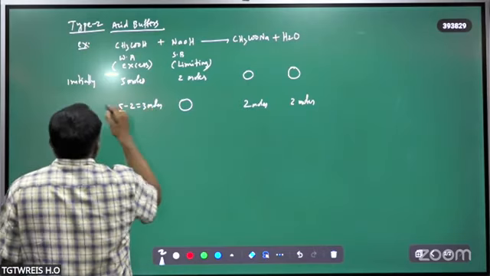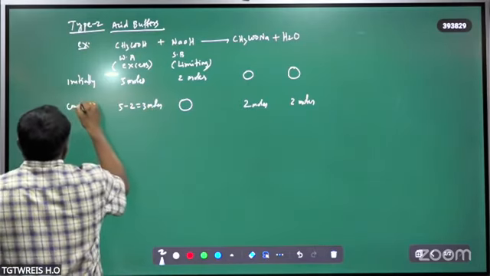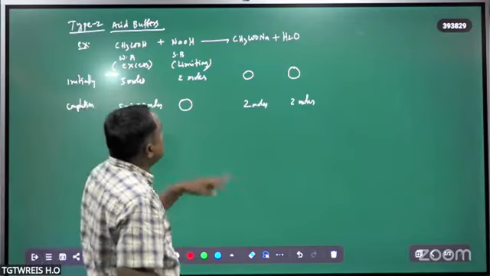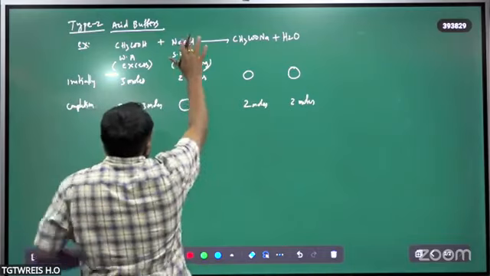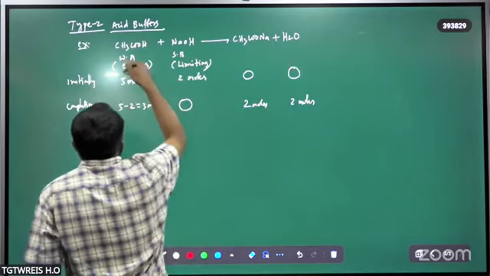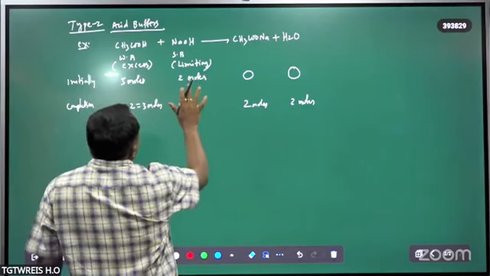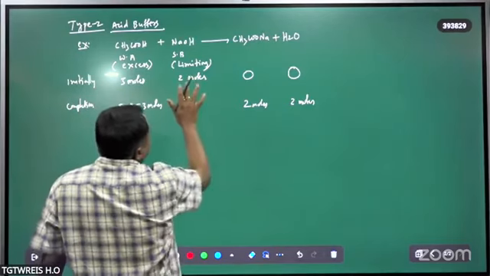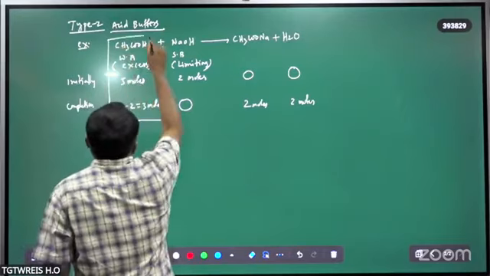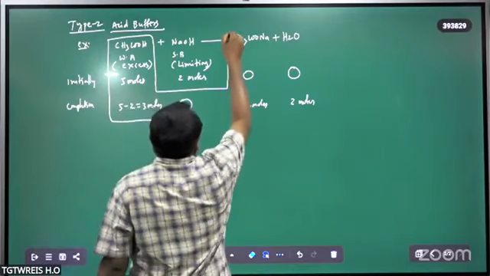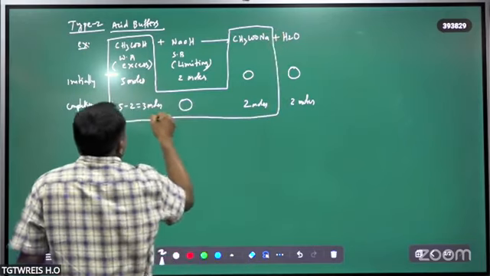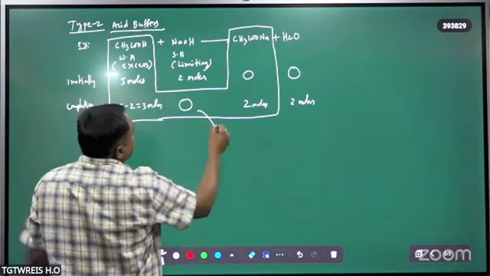So in the reaction mixture we have no NaOH, but we have CH3COOH, CH3COONa and water. So this acts as an acidic buffer.